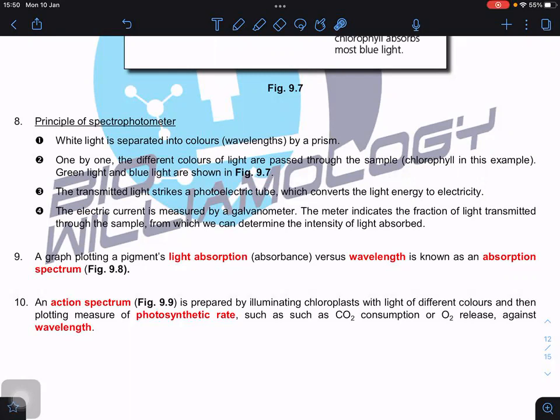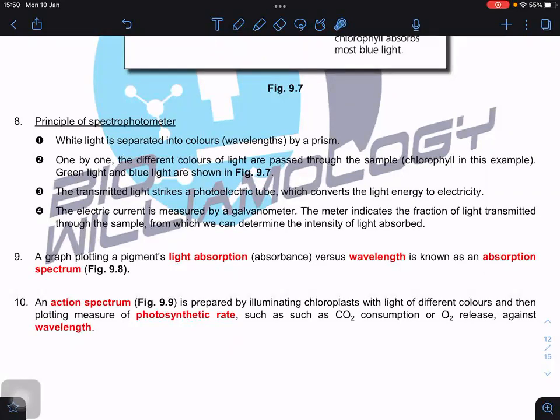Then you'll know how much light has been absorbed. If transmitted is 70%, then absorbed is 30%. If 100% is transmitted, then 0% is absorbed. So you calculate, then you can plot the graph, known as the absorption spectrum. Are you clear?